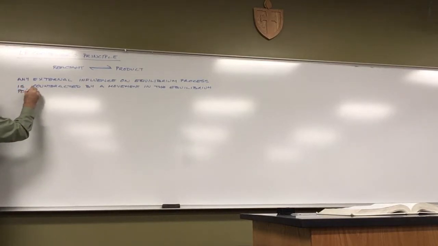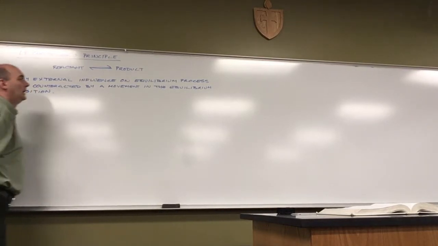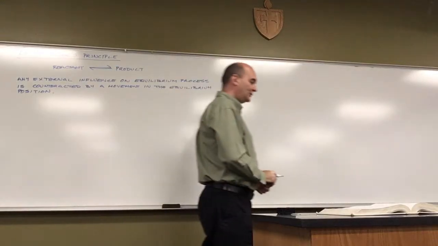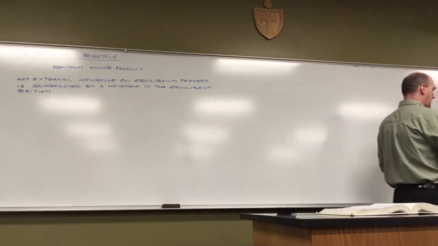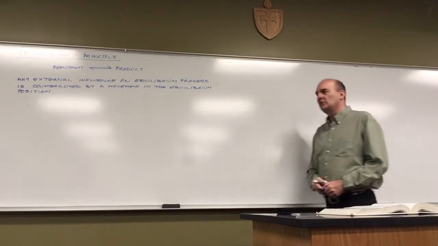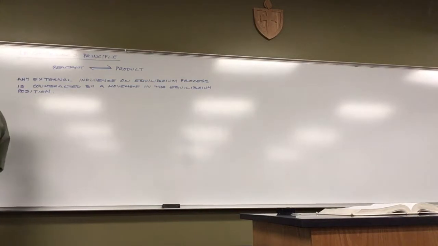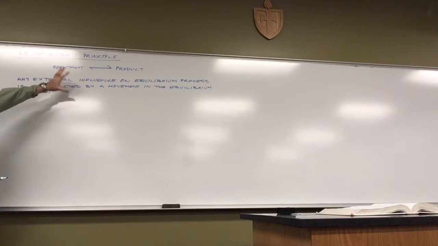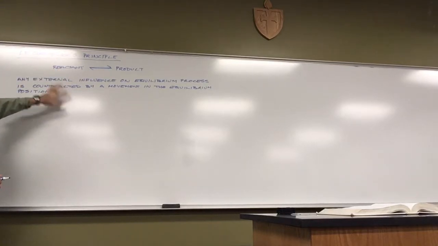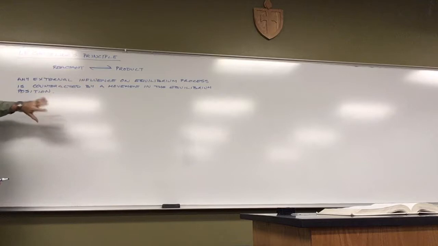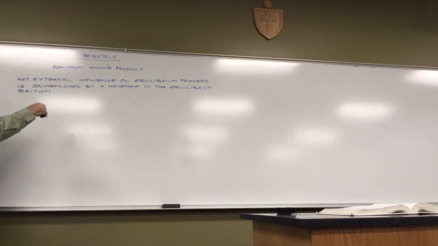And we'll show you a couple of different variations on this, and then we'll throw some numbers at it. And we'll look at something called a reaction quotient and determine whether a reaction is going to move to the left or to the right to re-establish the original equilibrium. So you've got a reaction that's in equilibrium, something comes in from the outside to mess with it, and the equilibrium itself counteracts that and moves the equilibrium position.